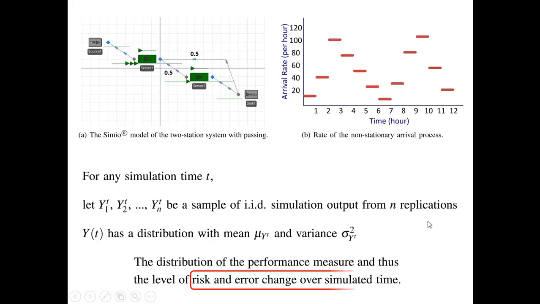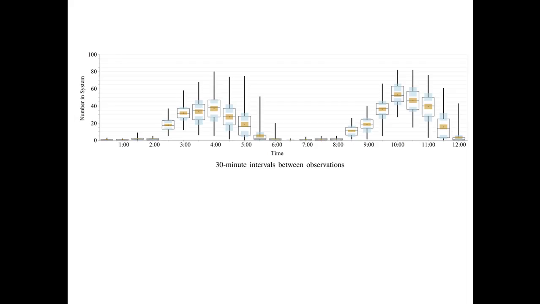In other words, since the distribution of our performance measure is now a function of time, the level of risk and error also change over the simulated time. So in order to analyze how the number in system and measures of risk and error change over time, what we really need is a plot that looks like this.